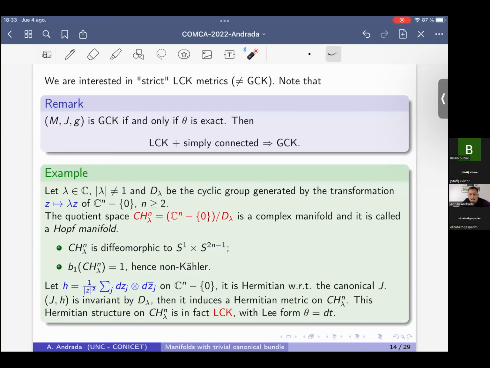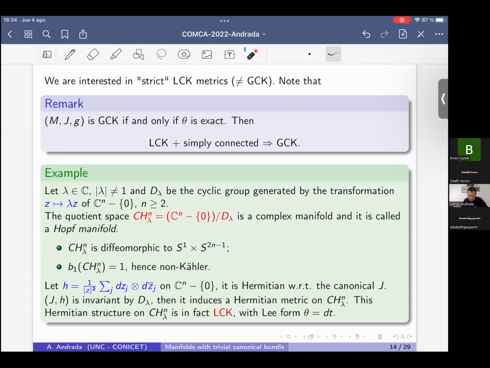No, but you make it not simply connected anymore. But you still have the function defined on the rest of the manifold, and you can multiply g by this function and make it Kähler. Yes, we need surely a non-simply connected manifold, but maybe a non-simply connected manifold can be globally conformally Kähler. Okay, got it. All right, thank you.